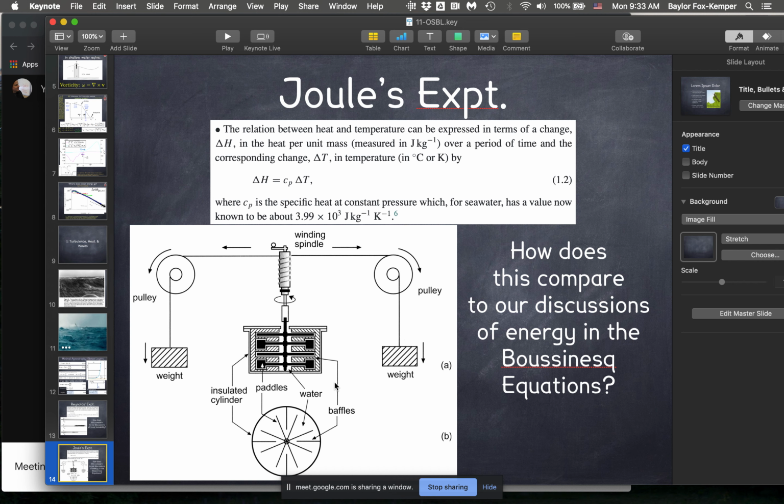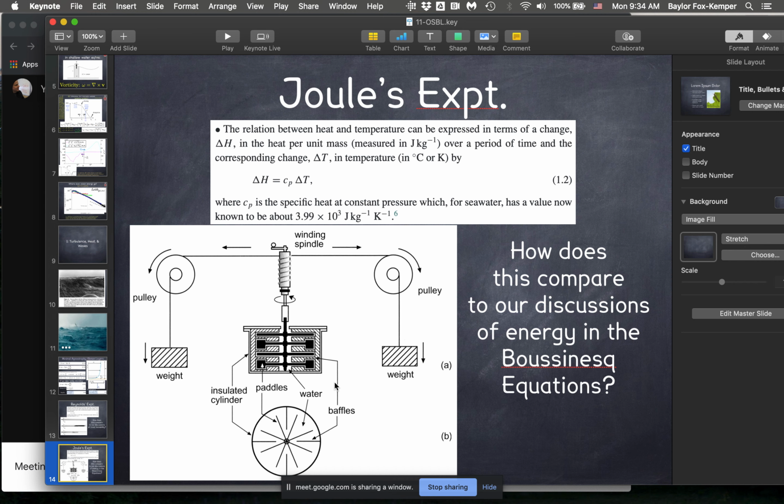So, interestingly, Joule's experiment is not the energy transfer mechanism that's relevant for the Boussinesq approximation fluid. We will find that the potential energy versus kinetic energy balance is more important in the Boussinesq setting because the internal energy, that is the heating due to the frictional dissipation, is actually not a very large effect.